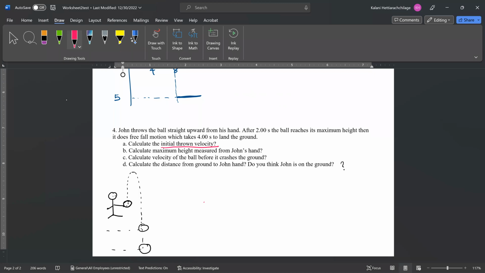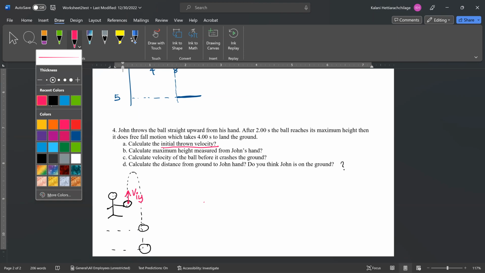I need to find the initial thrown velocity, right? That means definitely I should have a label somewhere here that is the initial velocity that I need. I'm going to label it actually as y direction. Although we are using a one-dimensional problem in this lecture, it is very important that you understand the x and y coordinate system, right?